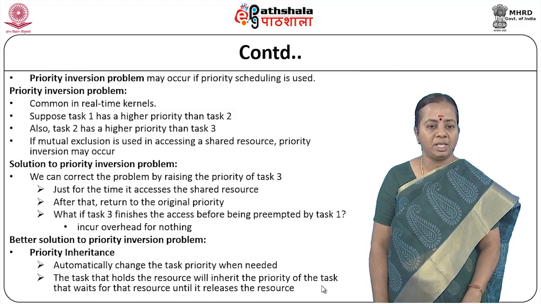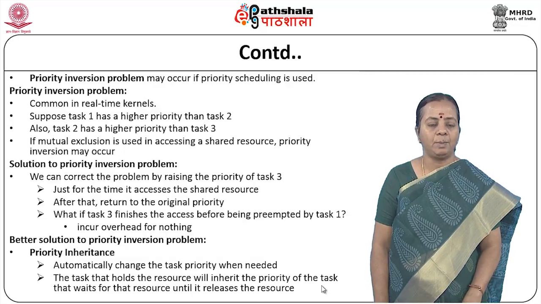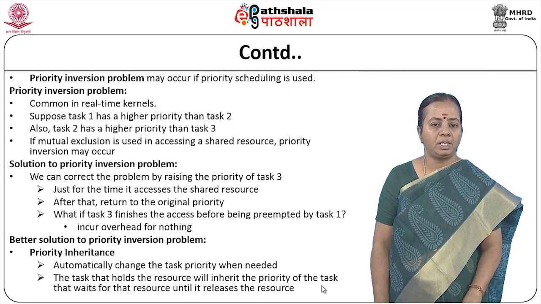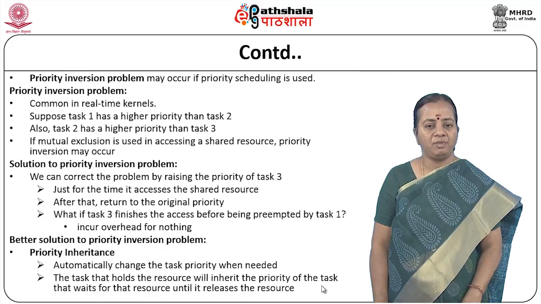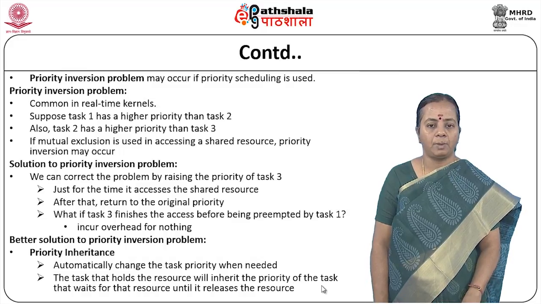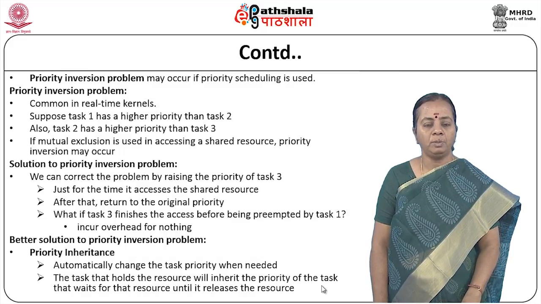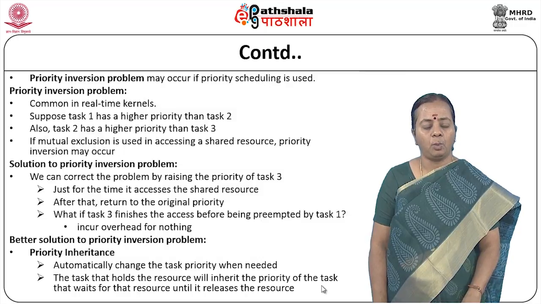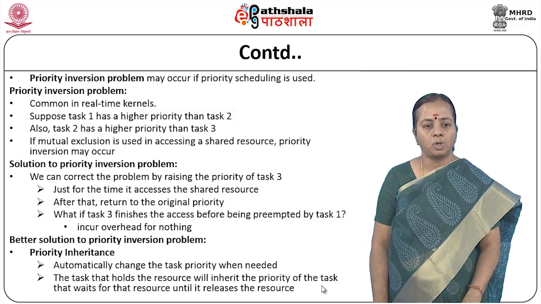When a resource is shared by 2 processes and the higher priority task is asking for the service while the lower priority task is holding the resource, then there will be a problem. This problem can be avoided, or solved, by certain remedial measures.